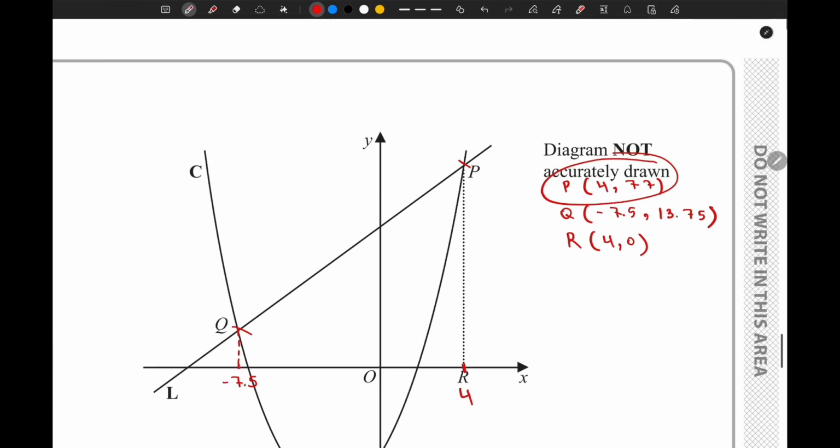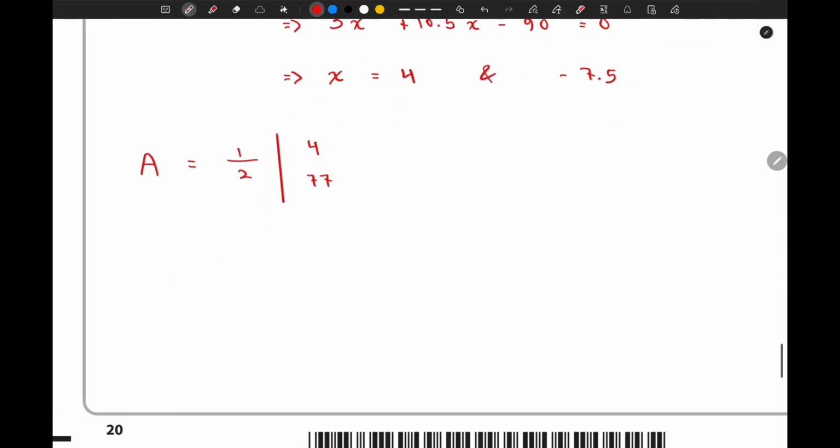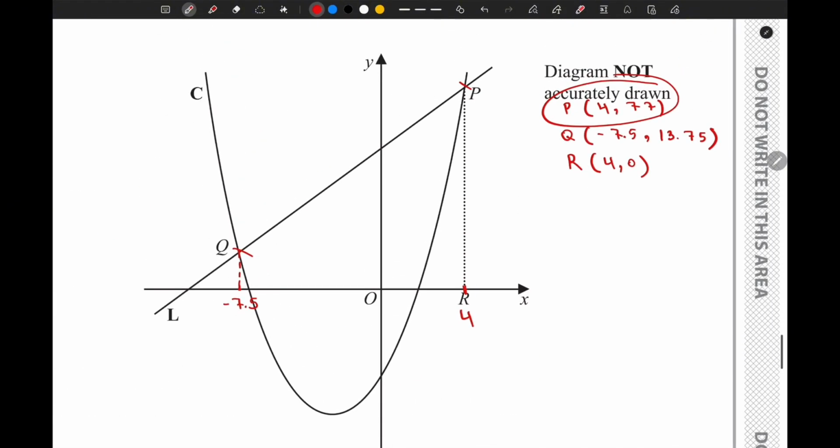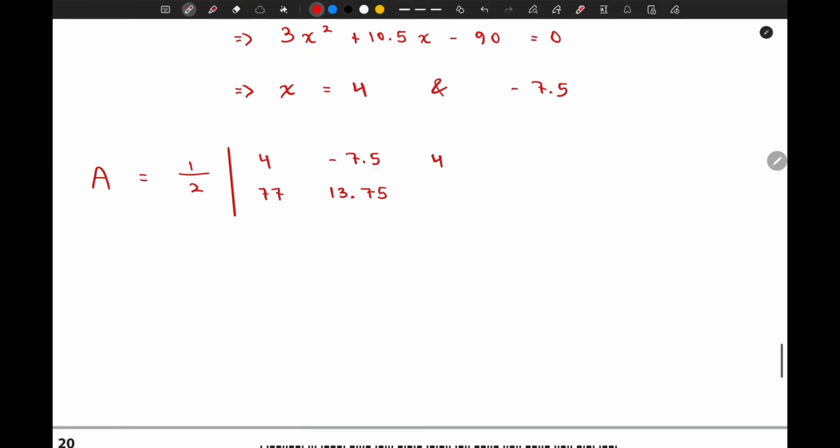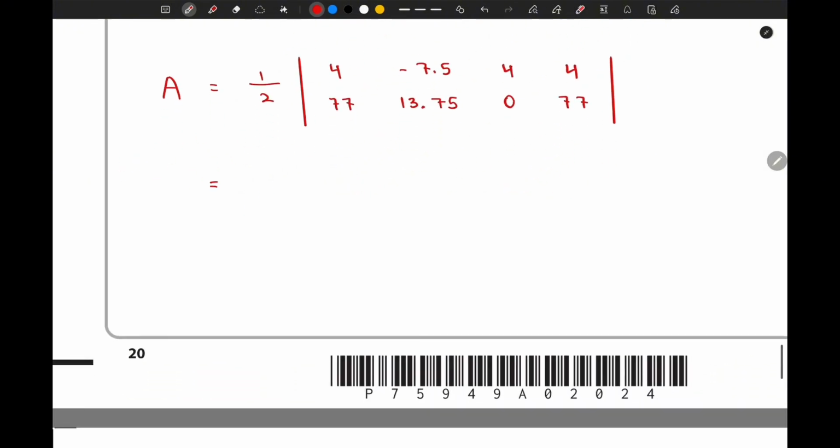And then move on to the next coordinate, which is Q, that is negative 7.5 and 13.75, and the next one is 4 and 0. And we need to end with the coordinate with which we have started, that is 4 and 77, and the modulus bar ends in this part. Now we keep in mind that we need to keep the modulus bar. I will tell you the purpose of the modulus bar at the very end.